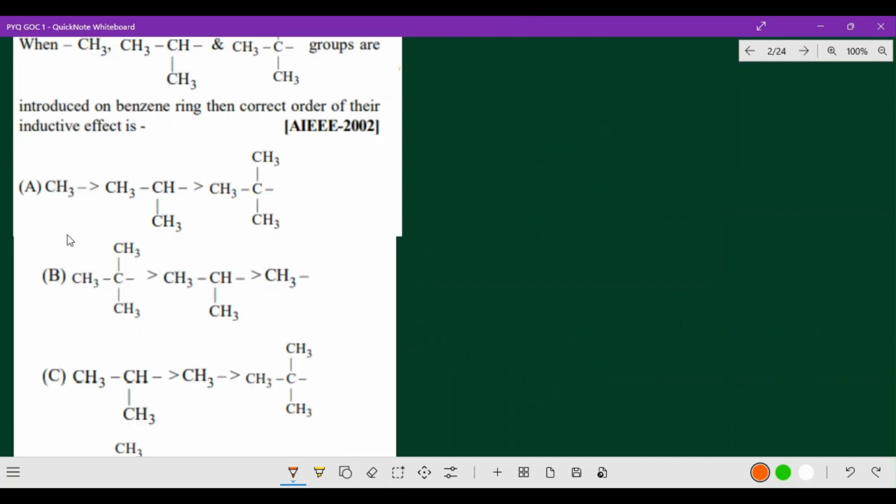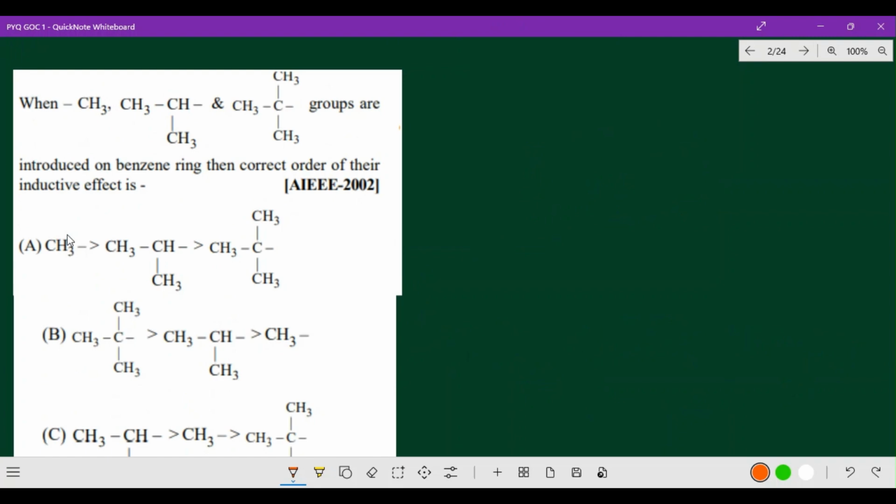The next question tells about when methyl, secondary and tertiary groups are introduced on a benzene ring, what is the correct order of their inductive effect. This is somewhat the same question.